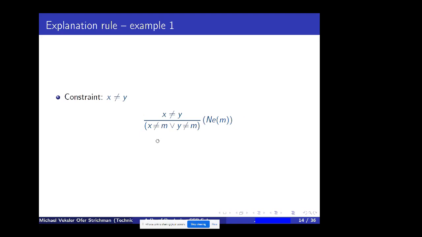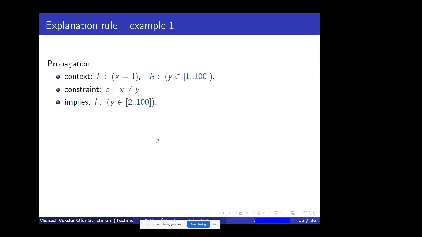Clearly, the consequent cannot be false if the premise is true. Because if the consequent is false, it means that x is equal to 7 and y is equal to 7. But if both of them are equal to 7, then it means that the premise does not hold, right? So this inference is sound for every value of m. So we don't have to worry about using this rule.